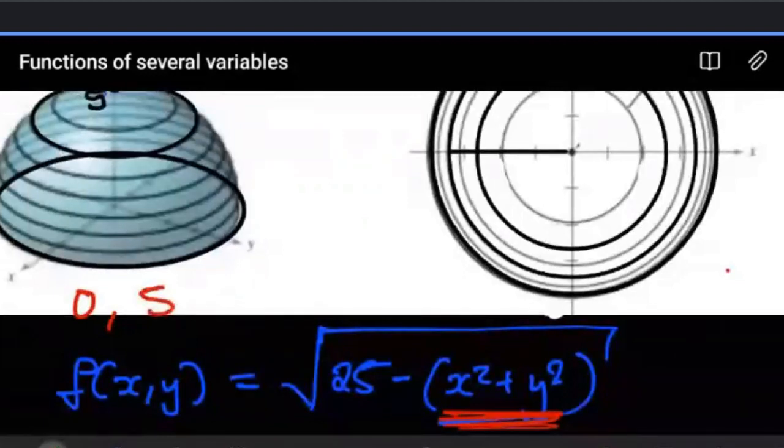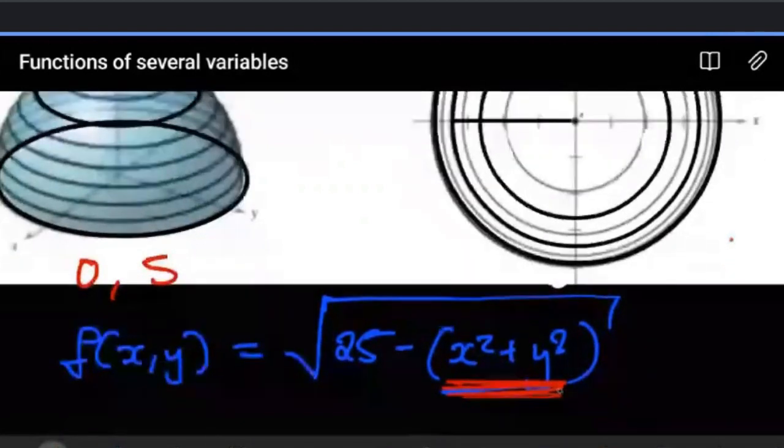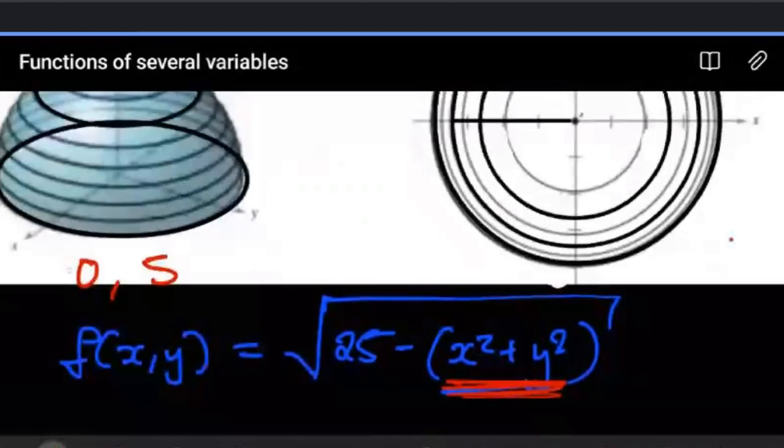But mathematically speaking, 5 is going to come out when x squared plus y squared is equal to 0. So that will be dealing with only root 25. So this is going to be our range, from 0 all the way up to 5.